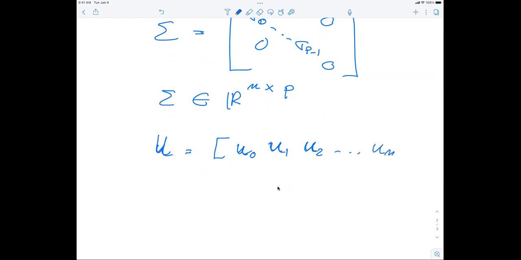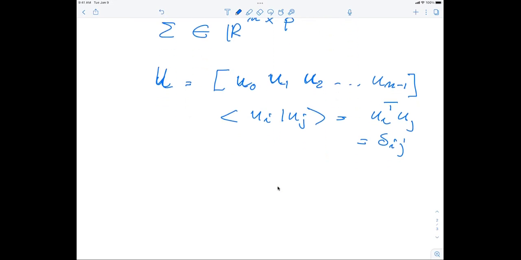These are orthogonal vectors, which means that if I take the inner product of u_i with u_j, that is u_i transpose u_j, this is equal to delta ij. So every column here is a so-called vector for the matrix U, and these vectors are all orthogonal to each other, and they are normalized to 1. So they are normally called orthonormal vectors.